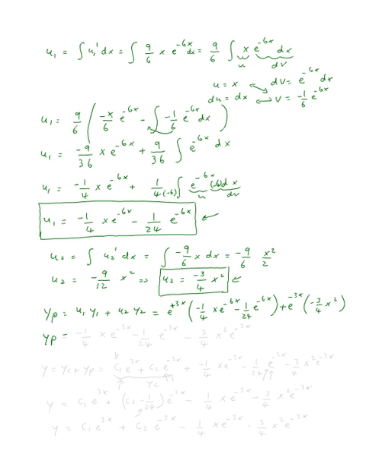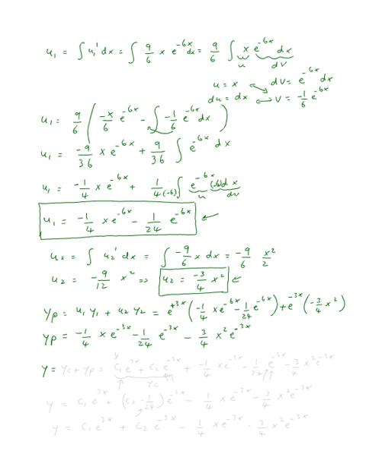So let me rewrite it. So yp is, if I multiply, negative 1/4 x e^(-6x plus 3x), which is negative 3x. Minus 1/24 e^(3x minus 6x), which is minus 3x. Minus 3/4 x squared e^(-3x).